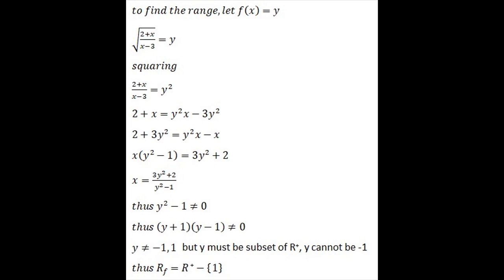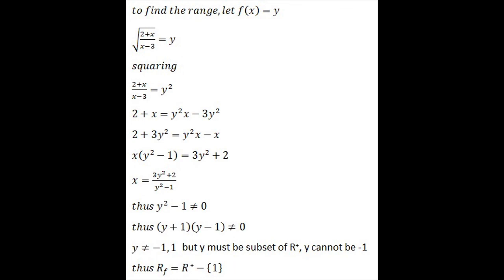Now to find the range, we have to make f of x equal to y. So root of (2 plus x) by (x minus 3) equals y. Squaring both sides, we get (2 plus x) by (x minus 3) equals y square, cross multiply. You know all those steps. Keep all the terms which contain x on one side, and the other things on the other side. Finally we get x equals (3y square plus 2) by (y square minus 1).